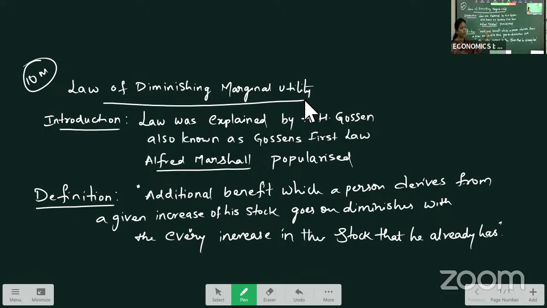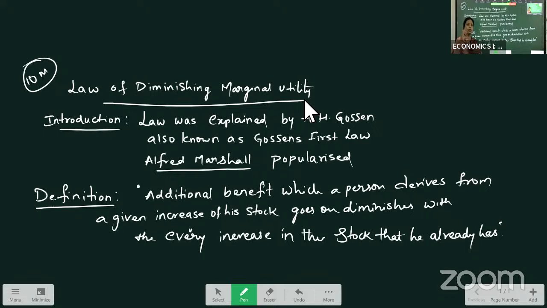That is what was explained in this law. Basically, this law is the basis for all other economic laws. For example, this is the season of mangoes.